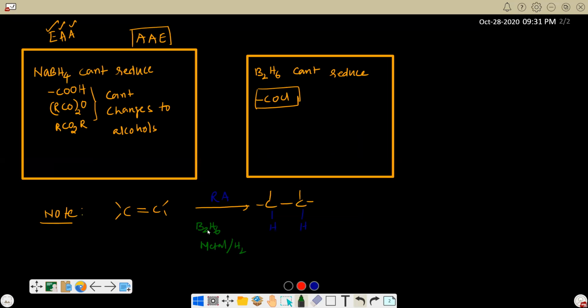So these two can reduce a carbon-carbon double bond. Understood? Copied?